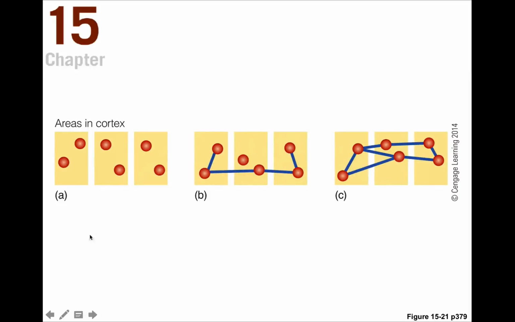So here we have these areas of the cortex that receive input from the olfactory bulb. And what happens is eventually some pattern is formed. That's represented here in B by these little areas being linked together.